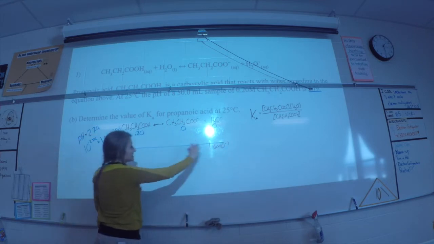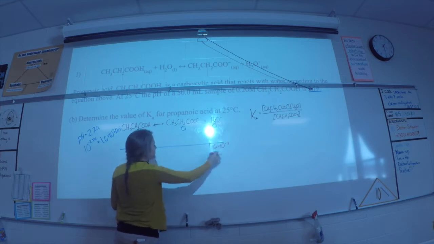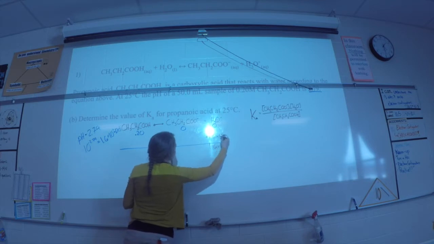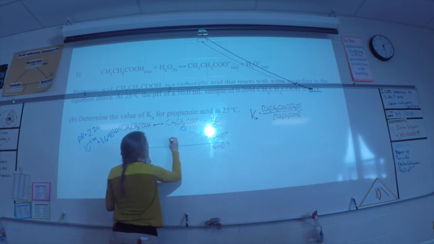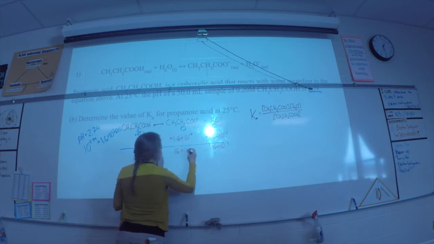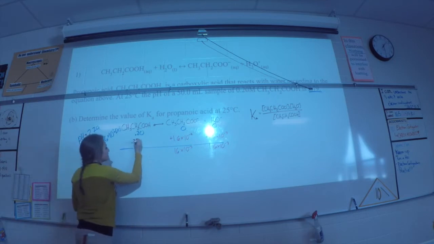And then since it's a 1-to-1 ratio, that means this one increased by that much, which means this one also increased by that much, making them the same value at equilibrium. And then this one would have decreased by that much.